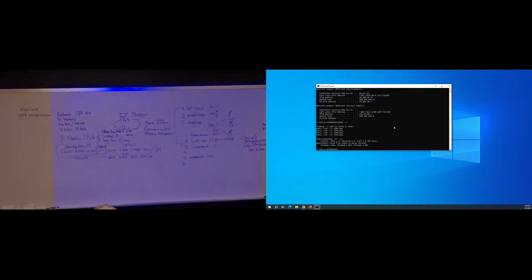Is it like a static? Not necessarily. It probably usually would be static, but an embedded IPv6 address has a very specific purpose. Gabby?